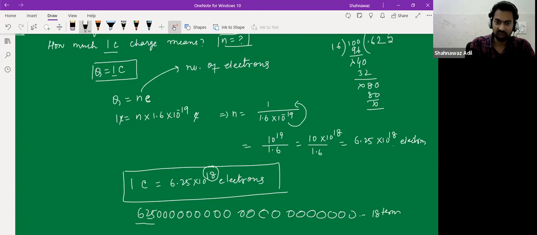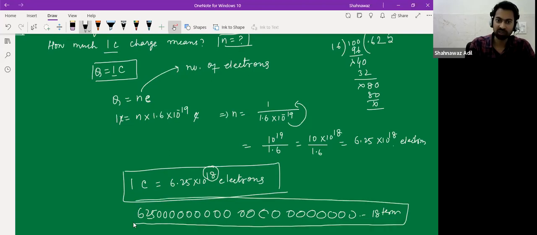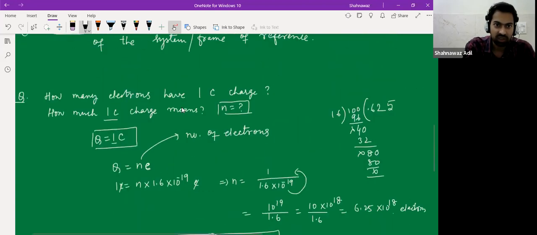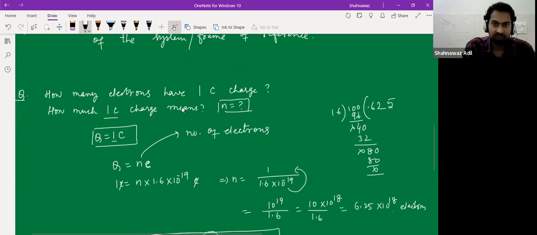This number of electrons contains 1 coulomb of charge, right? This is a very big number. Okay. So this much of electrons contains 1 coulomb of charge. Any problem in this? Any doubt in this question?